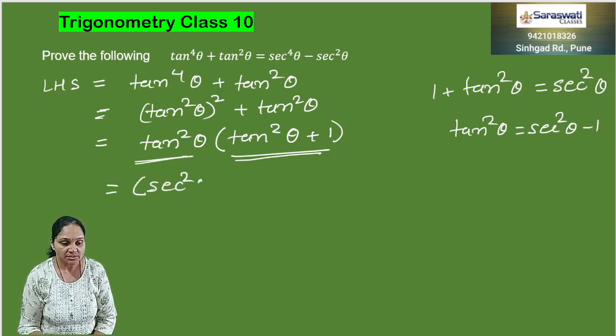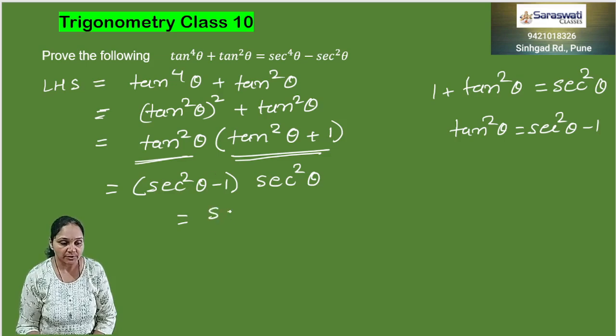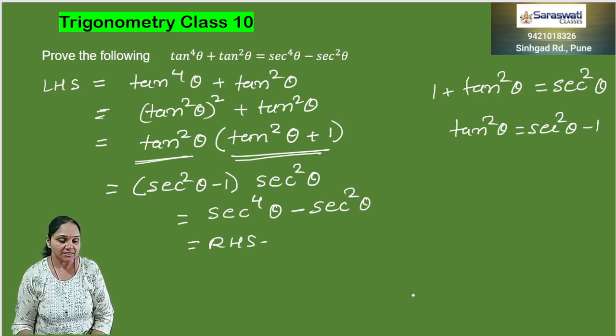So here (sec square theta minus 1) into sec square theta, and just simplify: sec square theta into sec square theta is sec raised to 4 theta minus 1 into sec square theta, that is sec square theta, which is our RHS, and hence it is proved.